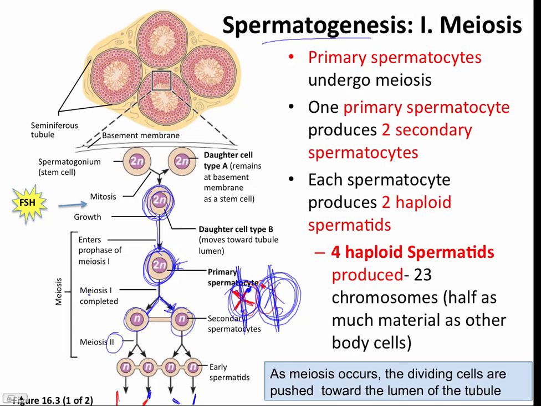Okay, so here's that unique genetic material now. Here's 1, 2, 3, 4. So now we end up with 4 haploid spermatids, because now each has 23 chromosomes, 23 chromosomes, 23 chromosomes, and 23 chromosomes. Okay, so as meiosis is occurring, we're going to push all of these spermatids towards the center of that lumen.